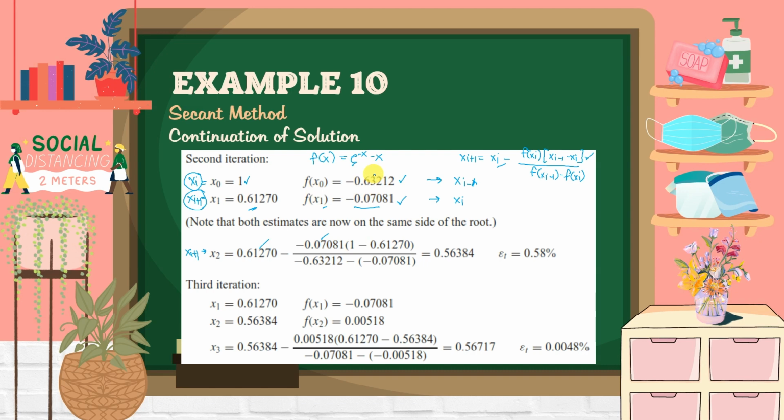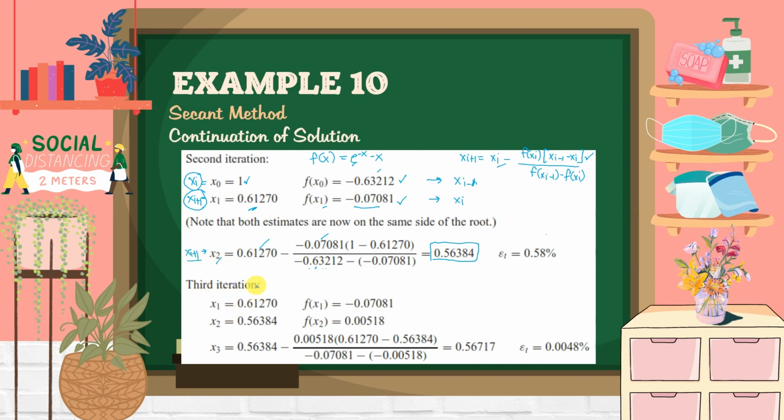So this is simply negative 0.63212 minus the value of the function of x sub i, which is negative 0.07081, and we will now have the new value of 0.56384 for x sub i plus 1, for x sub 2.